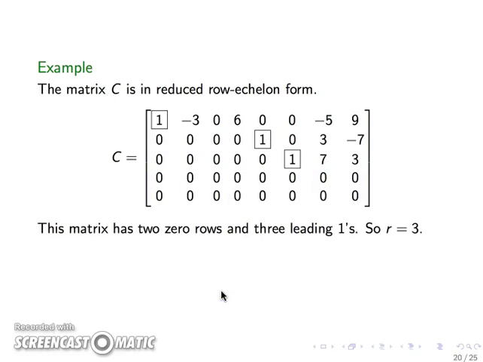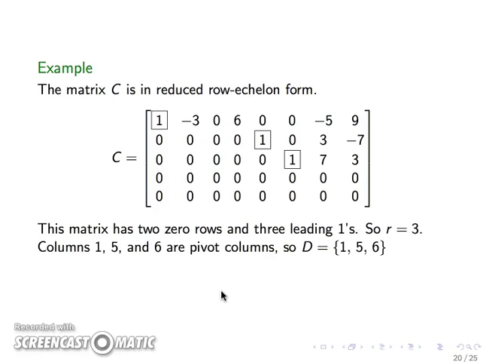So in this case, we would say that the number of leading ones is 3. So R equals 3, and the indices of columns that are called pivot columns, columns containing leading ones, are column number 1, column number 5, and column number 6. So that set capital D contains 1, 5, and 6.